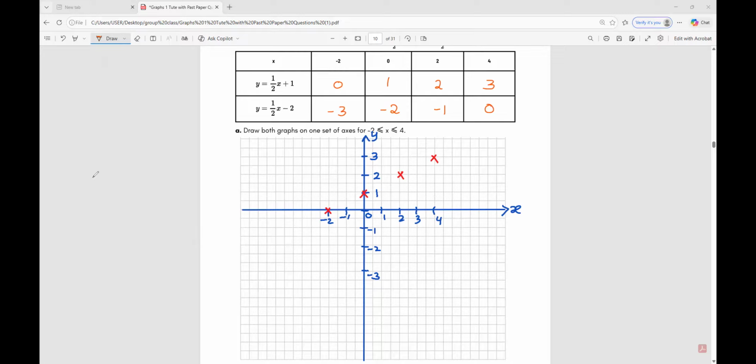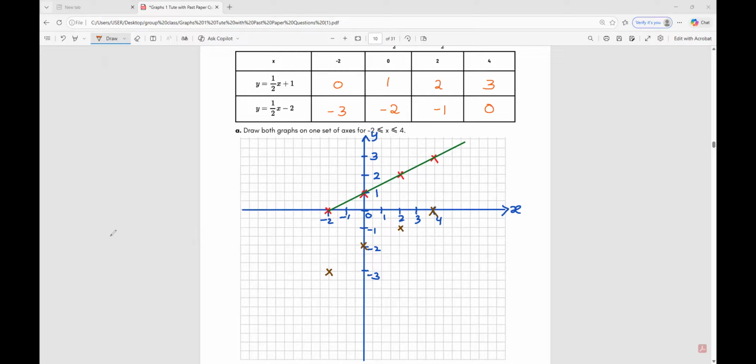This is the first line. The second line: minus 2, minus 3. 0, it is minus 2. 2, minus 1. 4, 0.